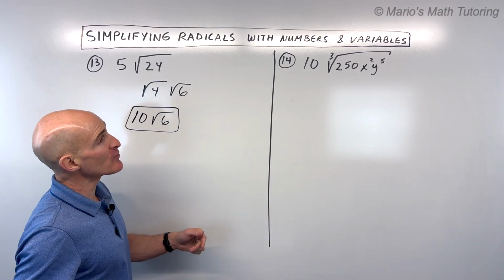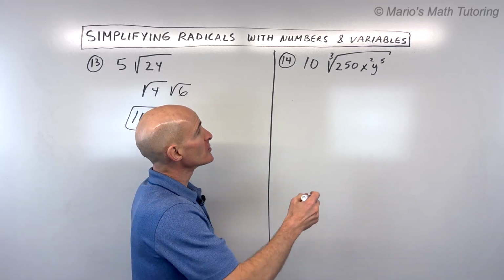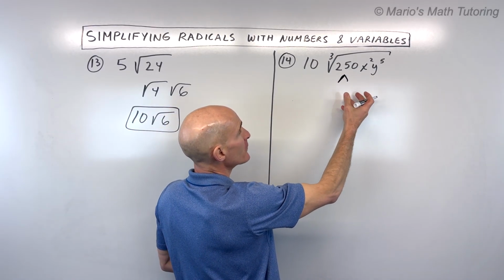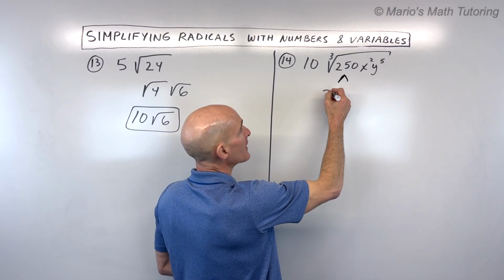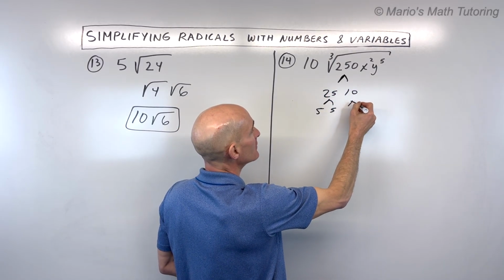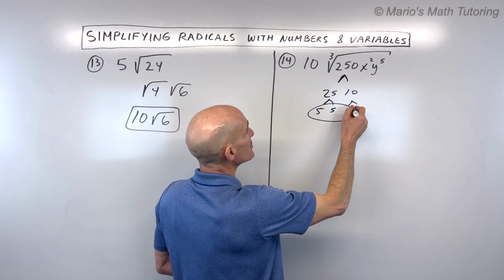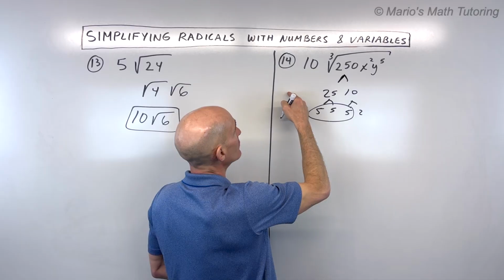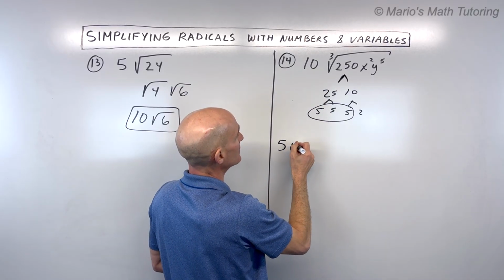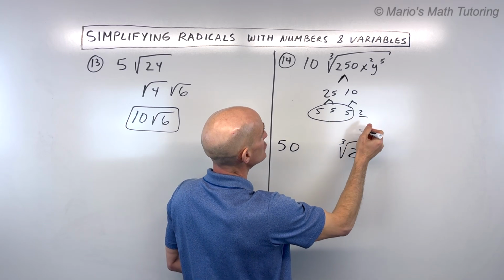Number 14, a little bit more challenging because we have variables and we're taking the cube root. So the 250, I could look for perfect cubes to divide out, or I could just break it down into prime numbers. I kind of like this factor tree method. A lot of students like it as well. And then you can look for groups of 3. So there's a group of 3, so that 5 comes out, times this 10 would make this 50. We've got a 2 left underneath. Okay, that's this 2 here.